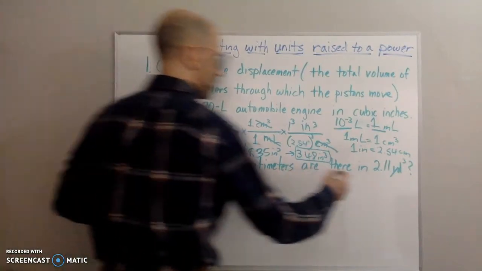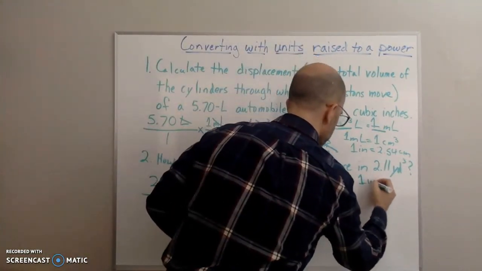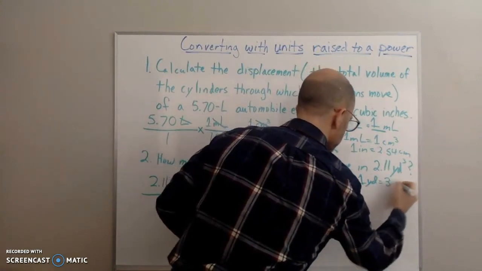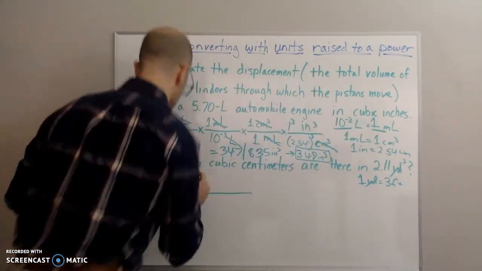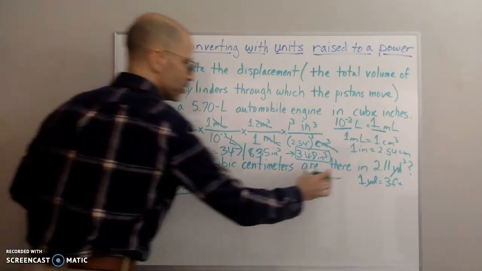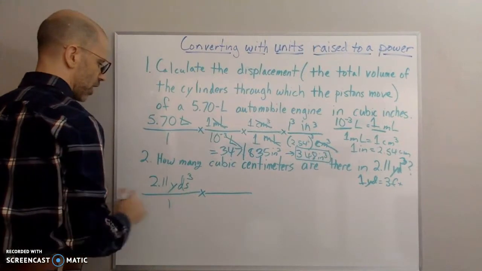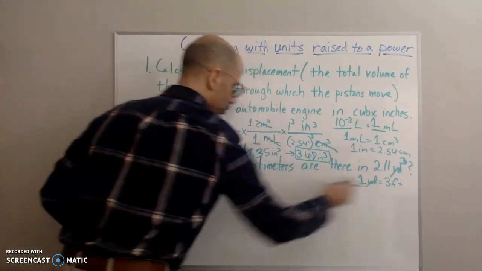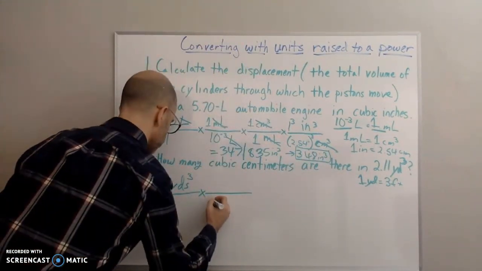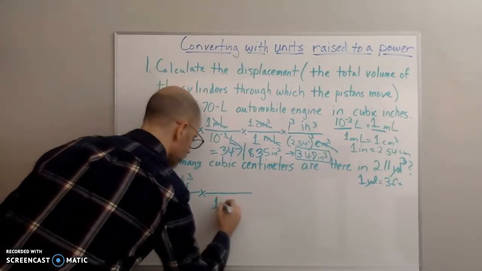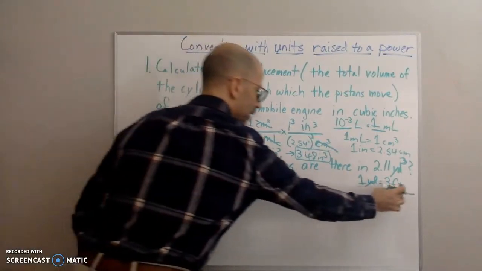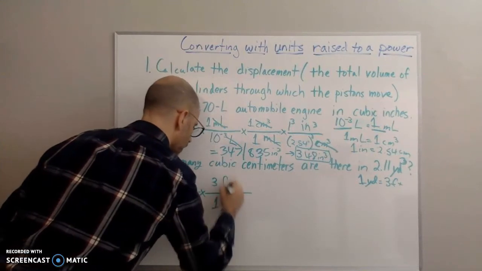So we can use 1 yard is equal to 3 feet, right? And this is yards cubed. So we're starting with cubic yards. And again, if I use this, I'm going to have yards on the bottom. So 1 yard on the bottom, and I put 3 feet on top.